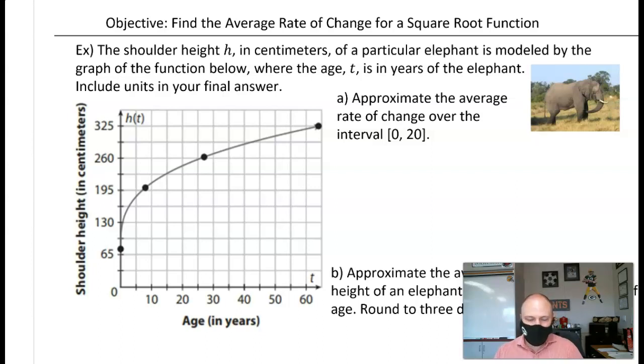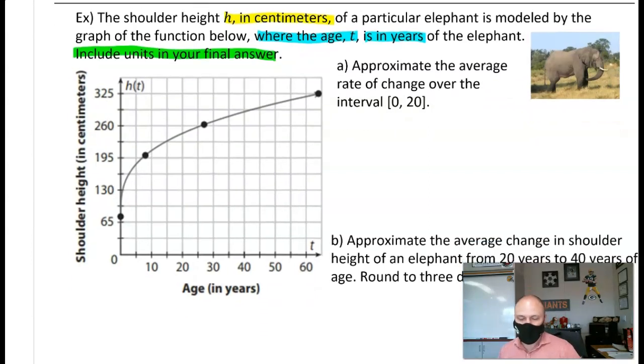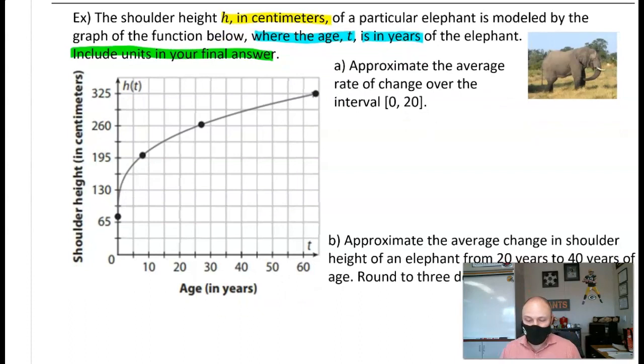It says the shoulder height h in centimeters, units are very, very important, especially in context, of a particular elephant is modeled by the graph of the function below, where the age t is in years of the elephant. And they want us to include units in our final answer. So part A, it says approximate the average rate of change over the interval 0 to 20.